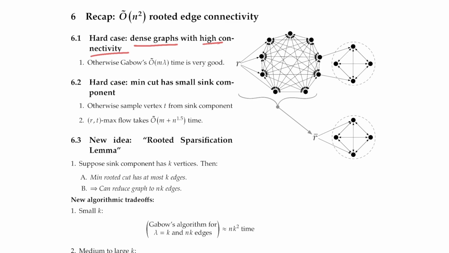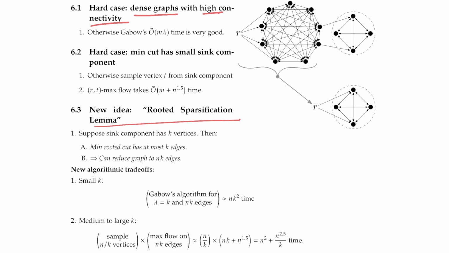And the other is when the sink component is also small, because then the sampling-based max flow approach is harder. It's harder to sample from the sink component. And the main new idea is this rooted sparsification lemma, which simply says that if the sink component is small, then the cut is also small, and then you can make the graph much smaller.